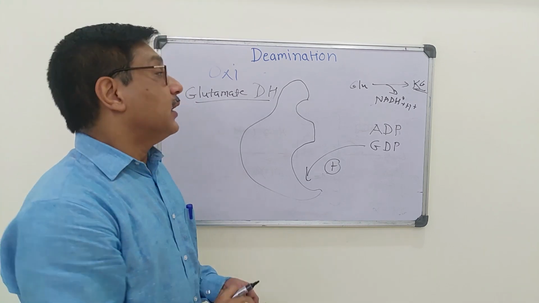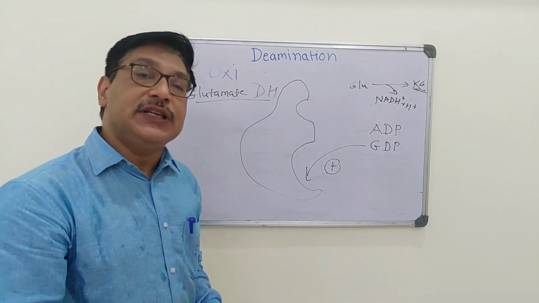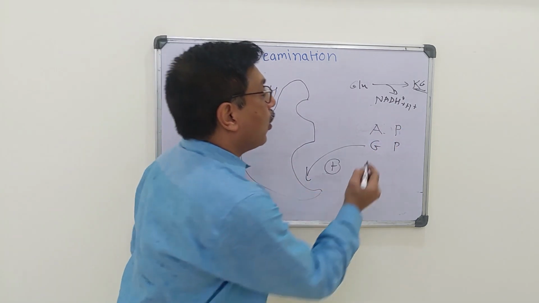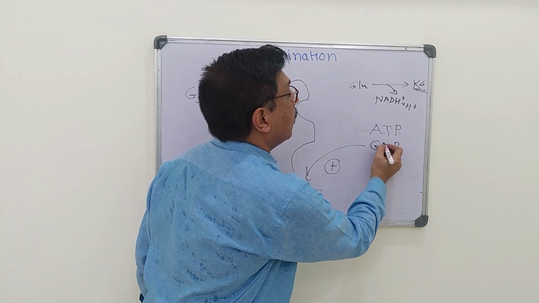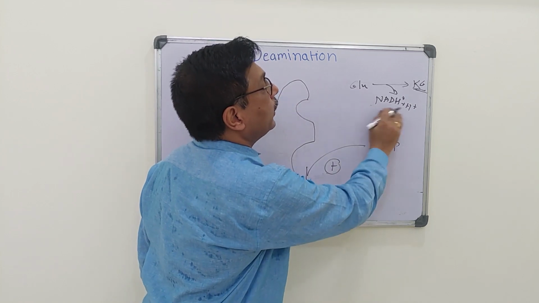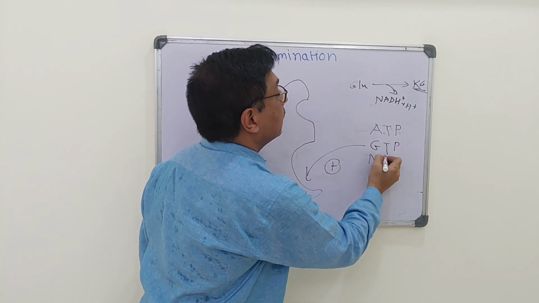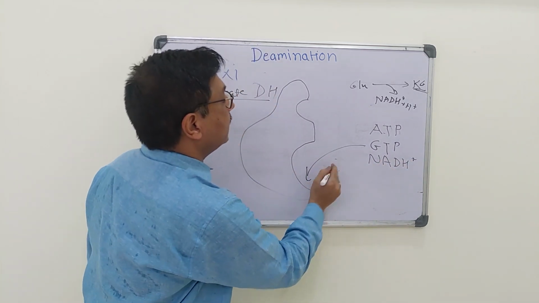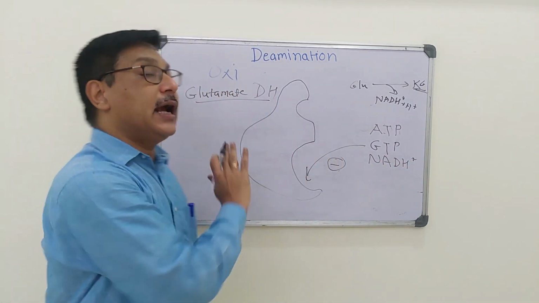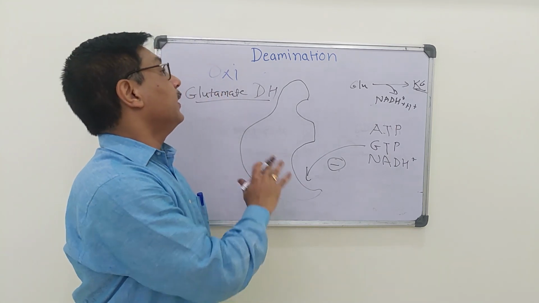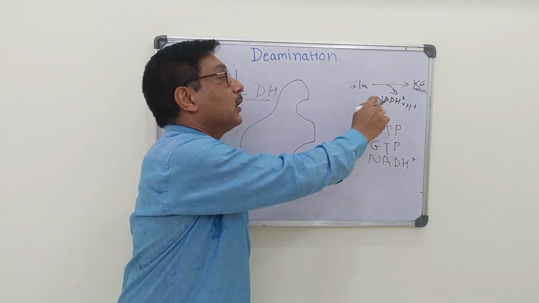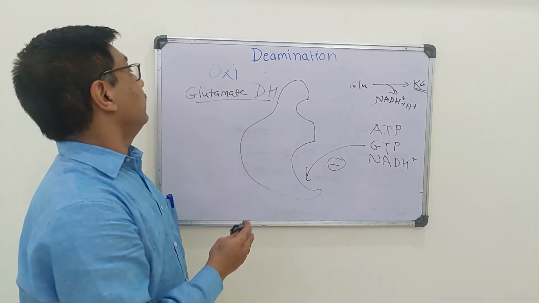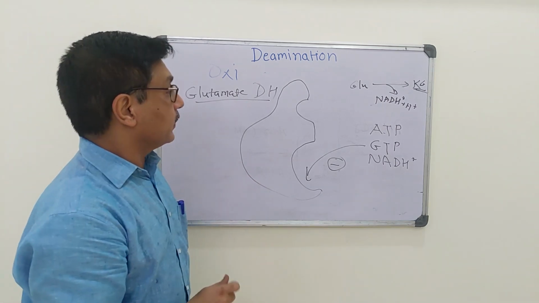Whereas if the cell has sufficient energy, that means it has high level of ATP or GTP or NADH, these molecules will inhibit this glutamate dehydrogenase, thereby the reaction will not occur. So this is how glutamate dehydrogenase is regulated.